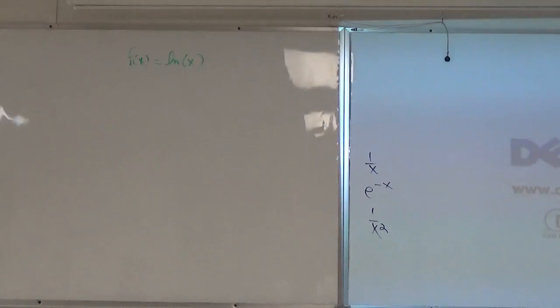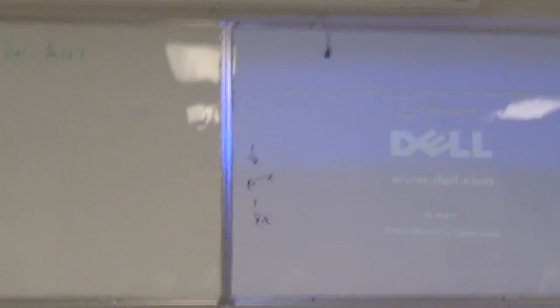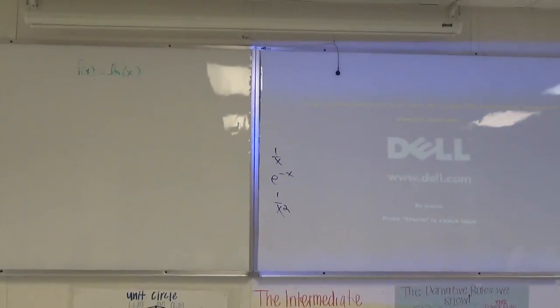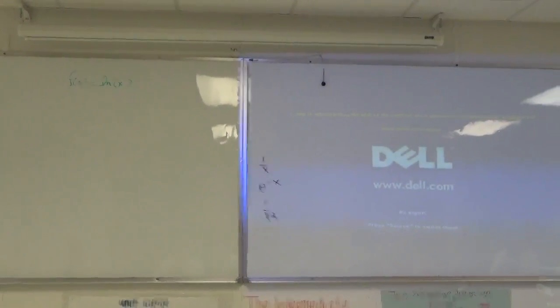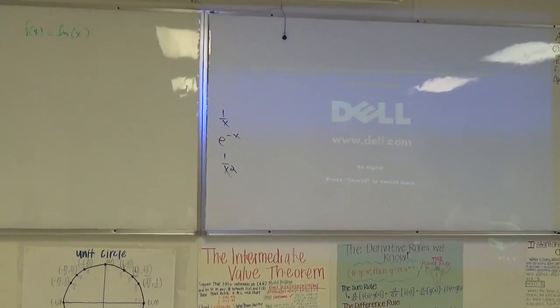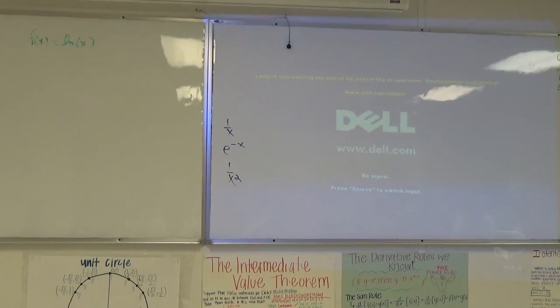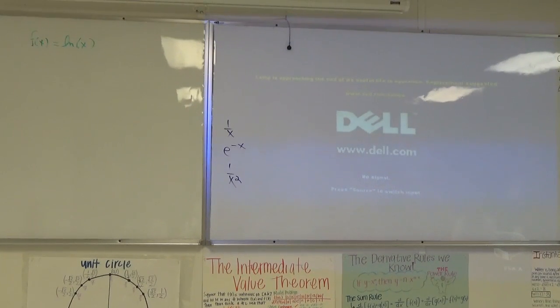Got it? All right, here we go. Why, God, why is it not working? Because I forgot. Oh no, it's been saying that for like a year. The projector lies. All right. No, for real. Don't mess with me.